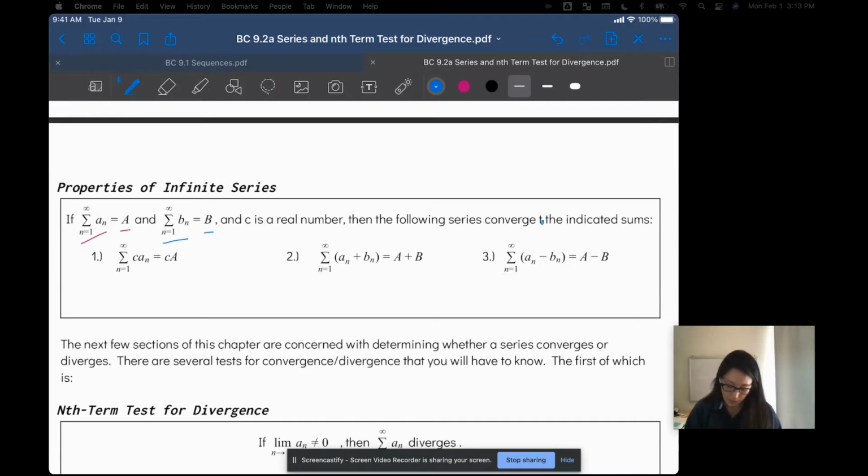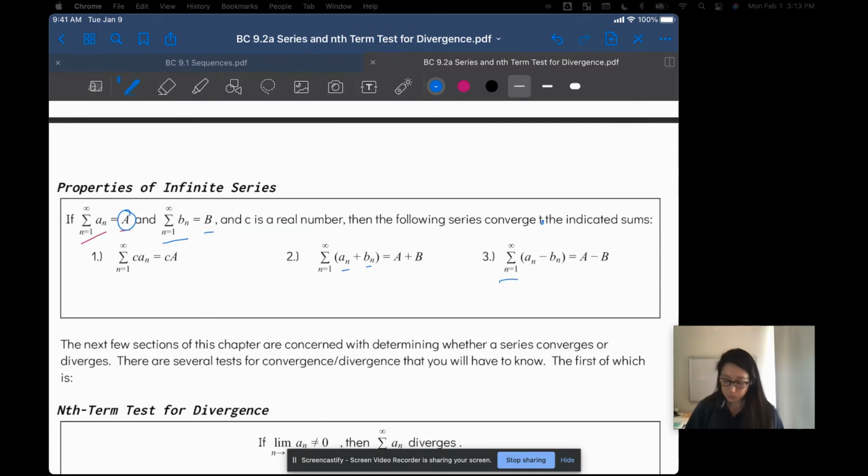If I have the sum of a constant times your series, then you can multiply your series sum times the constant. We can add the two series together, and the numbers they converge to, you can also add together. Same with subtraction. That's what number 3 says.